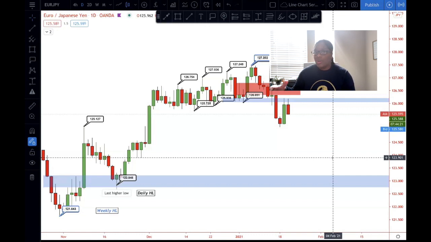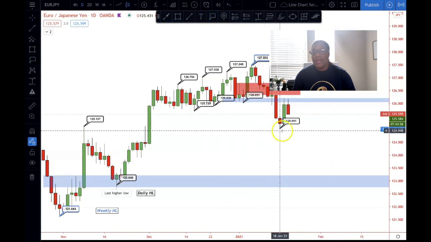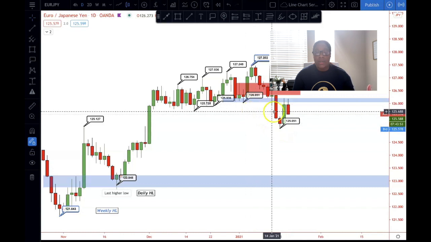So since Euro USD got a lower low, EURJPY followed. Now, do these two currency pairs correlate? Not most of the time, no, but they can correlate because they fit within the same category, okay? So there are times when they will, just like right now, they're kind of doing the same thing. Euro USD got a lower low. Now, EURJPY has a lower low, which means this low point here, or exchange rate, is lower than the previous higher lows exchange rate.